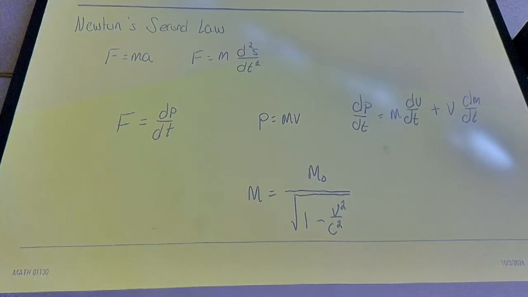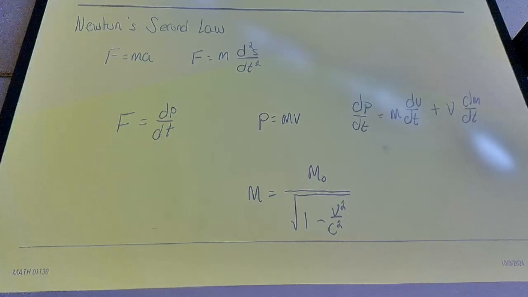So we need that equation. I think that's the speed of light at the bottom there, right? So m naught is your rest mass. That is what you would typically think of as mass being constant. c is the speed of light. And v is obviously speed.